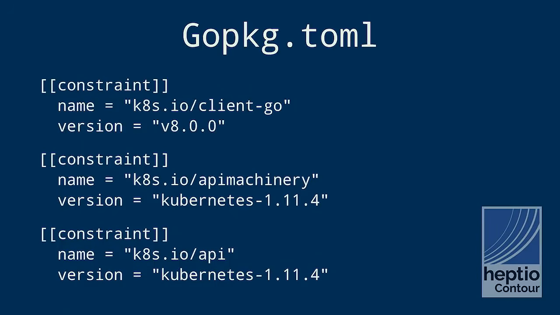Going from release 6 to release 7 was virtually painless. It was just changing v6 to v7 up there. And going from 7 to 8 was similarly painless. So this is, after a lot of trial and error, the 3 magic lines that you need if you want to build a Go project using dep that depends on the Kubernetes client. This is pretty much the magic sauce you need.